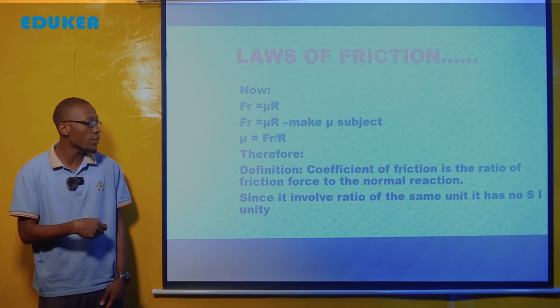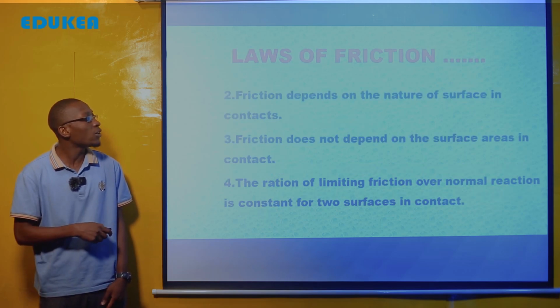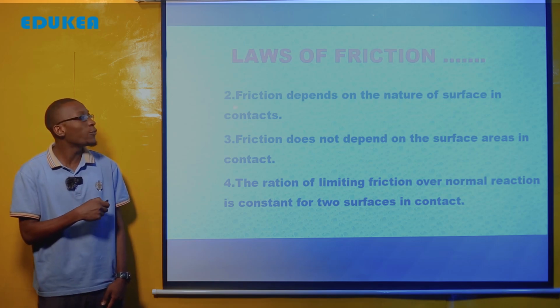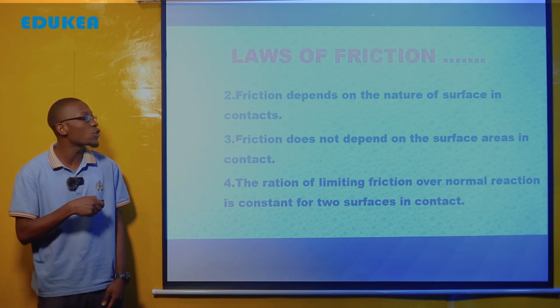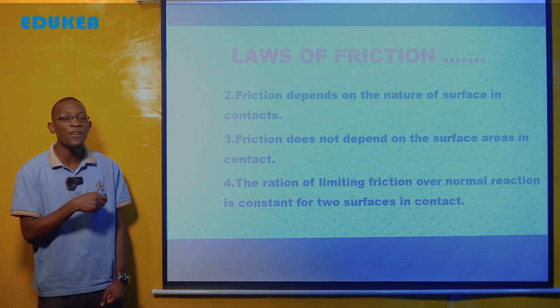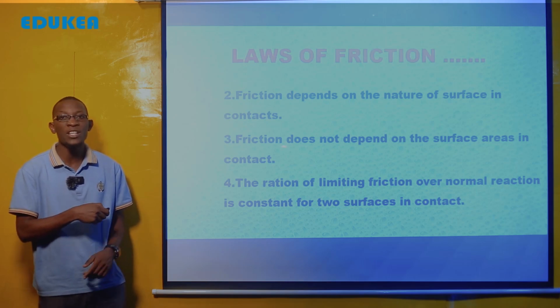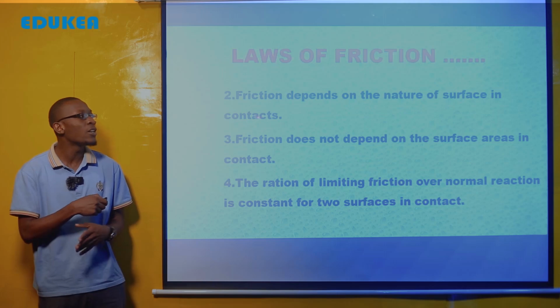The second law was the friction depends on the nature of the surface in contact. So frictional force mara zote huwa inategemeana na nature ya surface in contact. Kwa nature of the surface ikiwa ni rough, maana yake frictional force inaongezeka. Lakini nature of the surface ikiwa ni smooth or soft, frictional force inapungua.